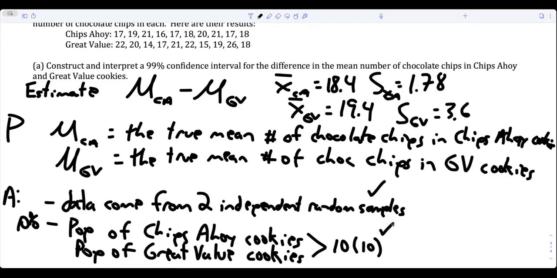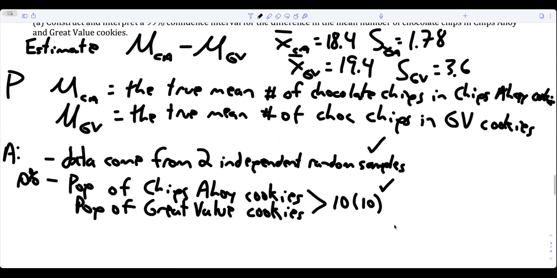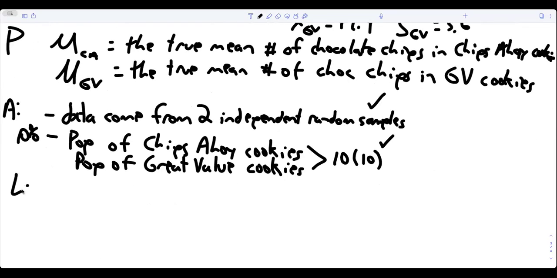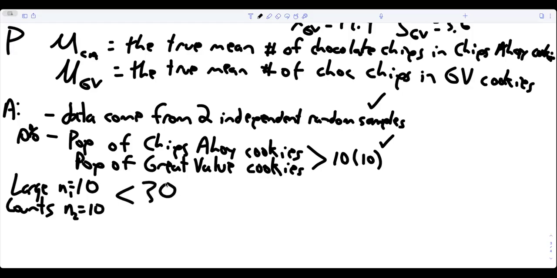And so that is a reasonable assumption. However, for the large counts, my sample size is 10. n equals 10 for both of them, n1 and n2 are both 10, which is less than 30. So I need to check for skewness and outliers.